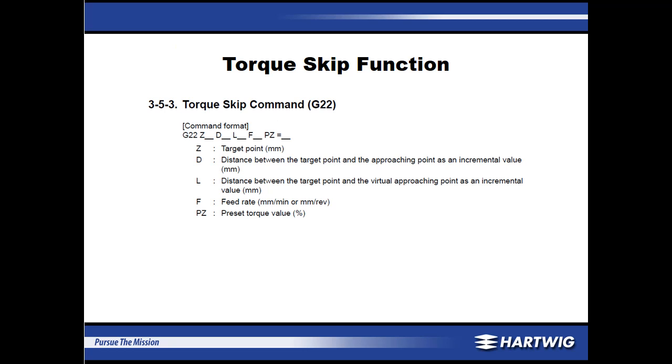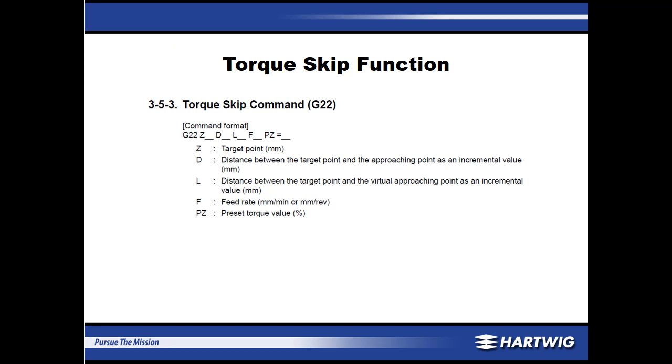I'm allowed to hit my torque commanded by my PW equals somewhere between 1/2 inch, my target point, and 450 thousandths, the shortest I can come up based on my D tolerance. L is the distance of which I can overrun my target point. So if I can be within 1/2 inch and 50 thousandths overrun, I'm looking between 1/2 inch and 550.